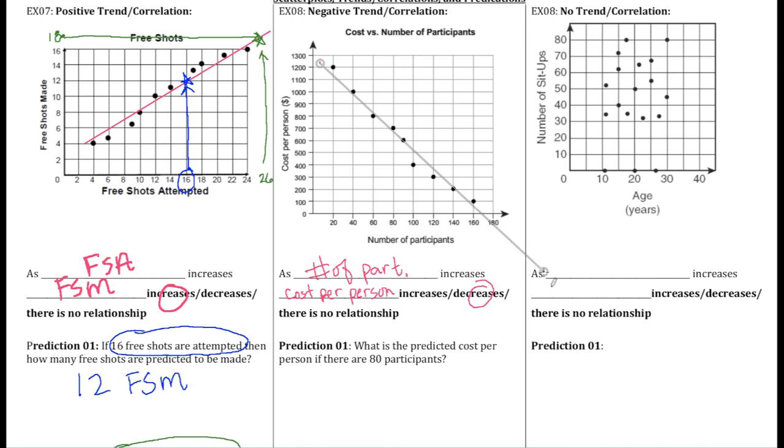I need about 4.5. Oh, that's a little too far.